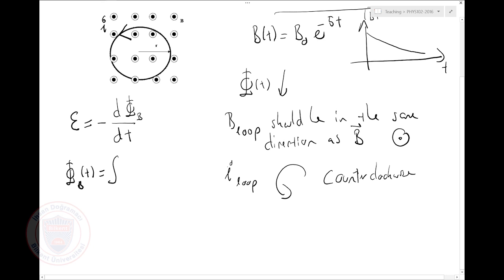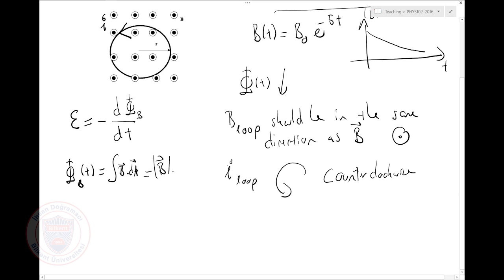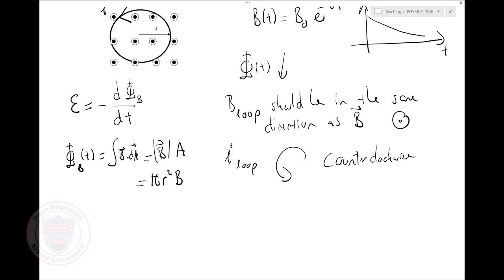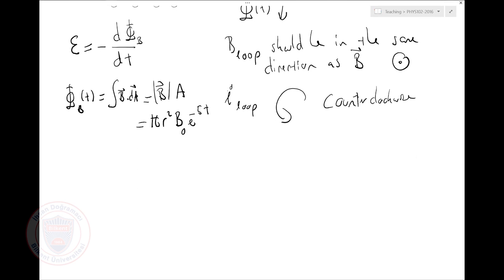Okay, that's the definition, you're right, B dot dA inside the loop. In this case, magnetic field is constant. It's just going to be B times the area of the loop, which is pi r square times B0 e to minus 5t. So can you tell me what the electromotive force is in this case?